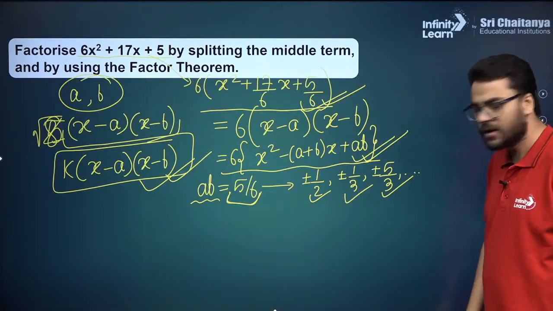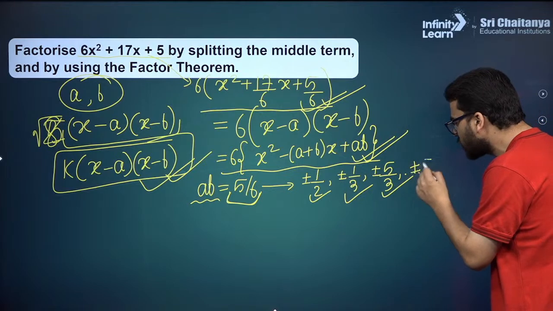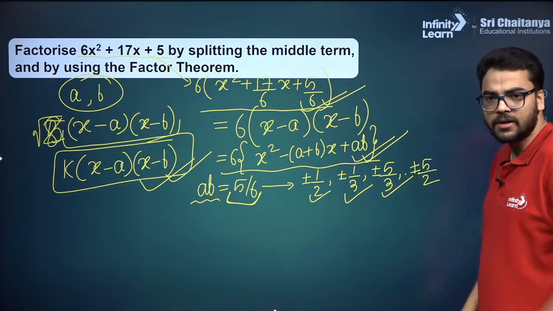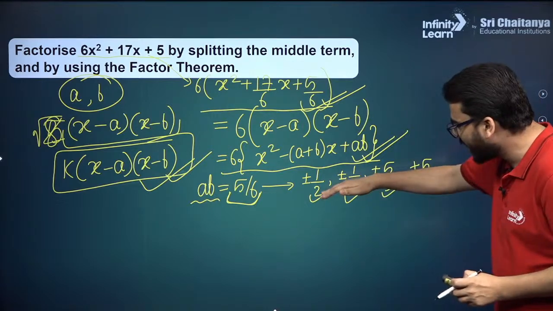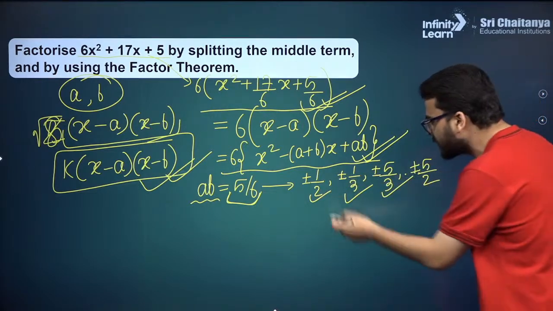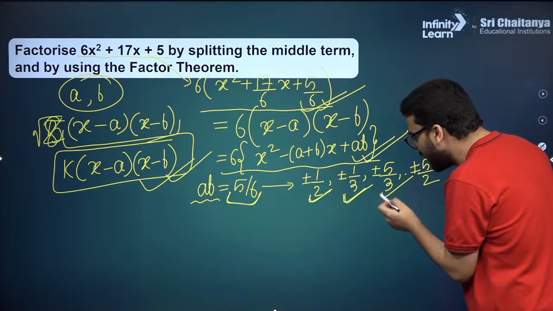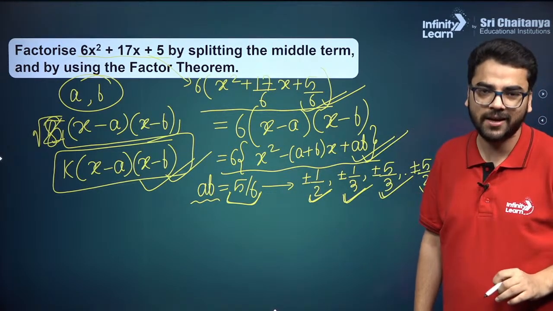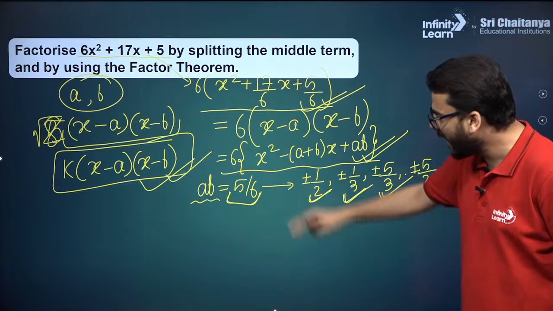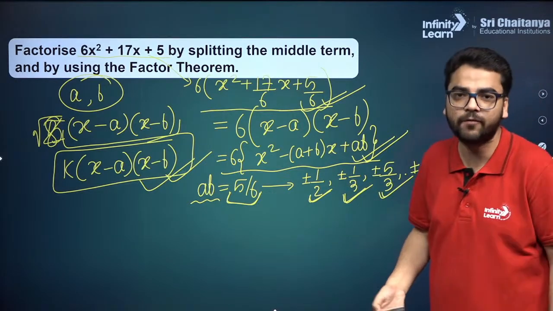You see over here. So plus minus 5 by 2 can also work. You got it or not? Basically you want 5 by 6. So these are just the numbers which can be multiplied to make 5 by 6. You got that logic or not?